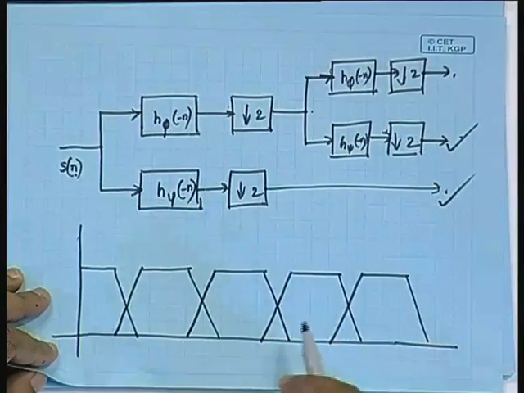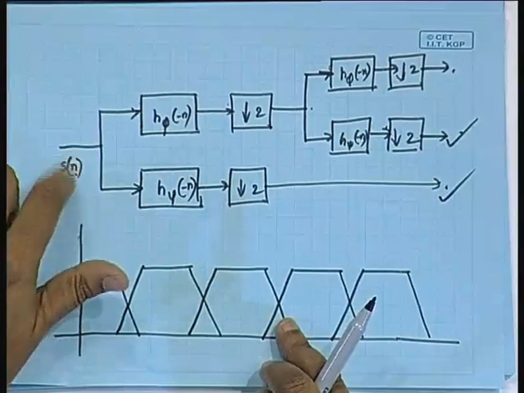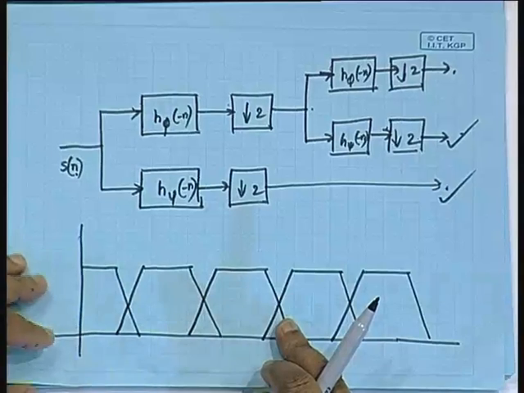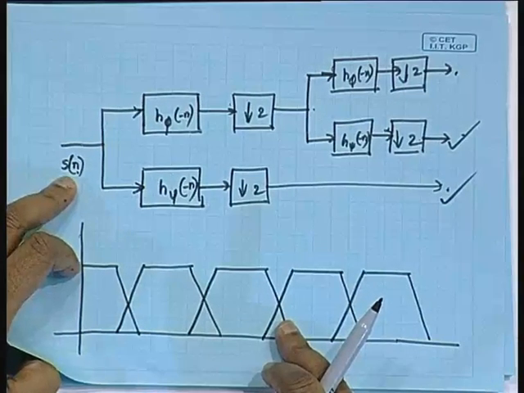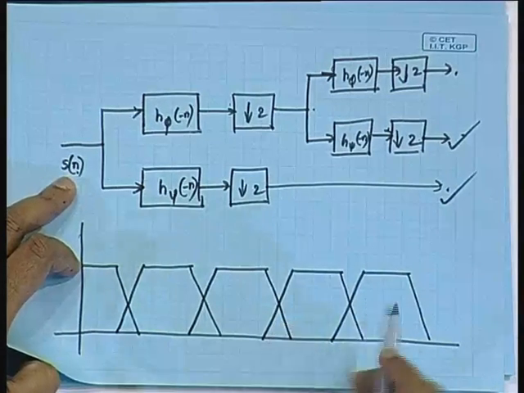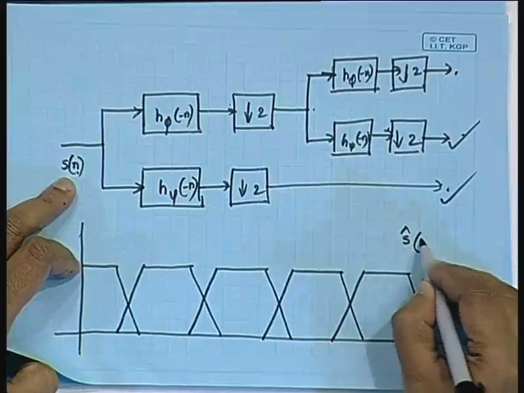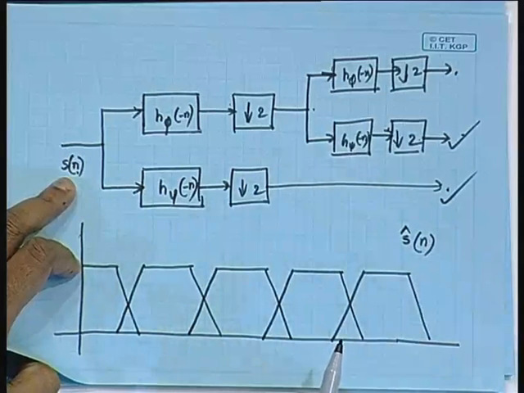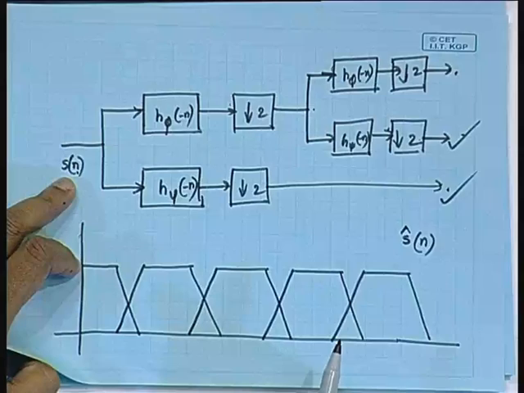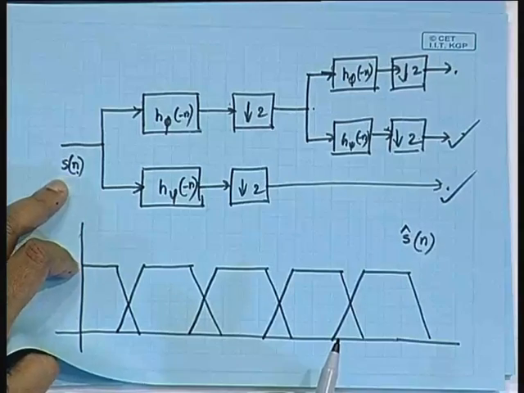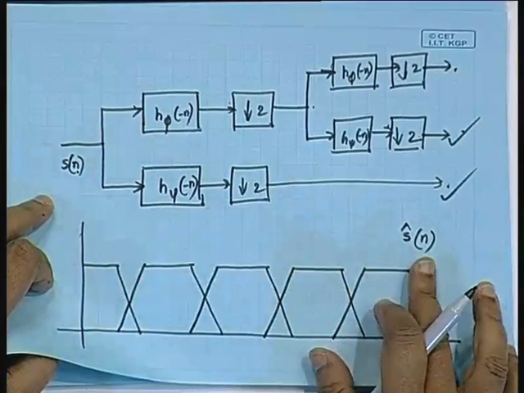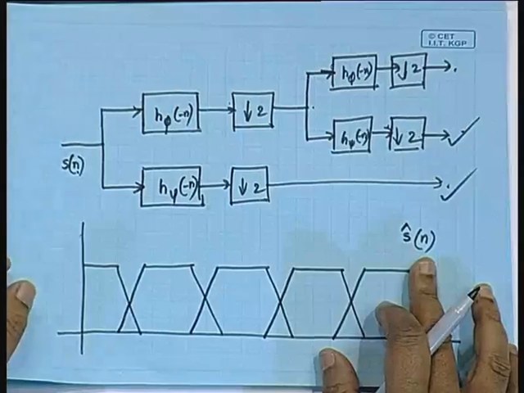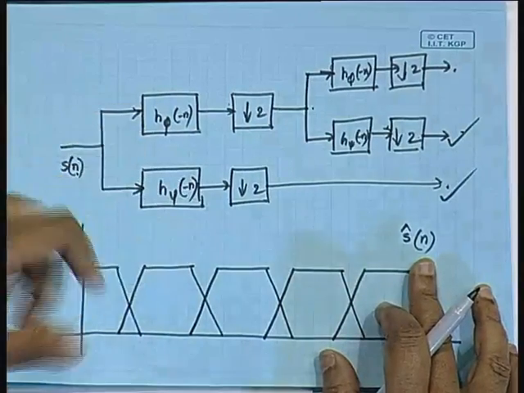If you analyze the signal S of n into 3 bands like this, how do you get back S of n? You can call it S cap of n, because you are not sure whether you will get back the signal exactly or not. But you can obtain this S cap of n by a process of synthesis filters.